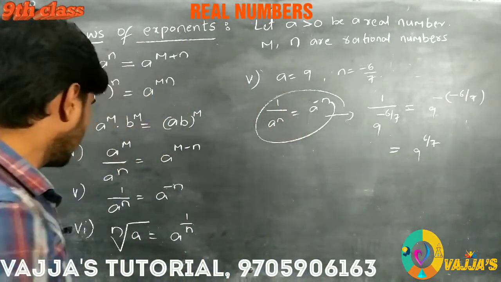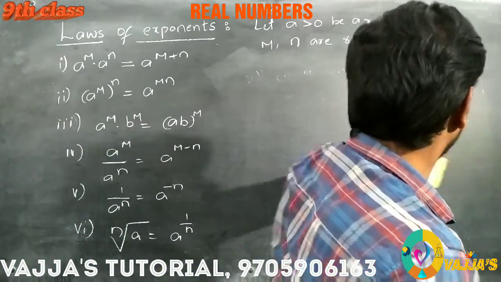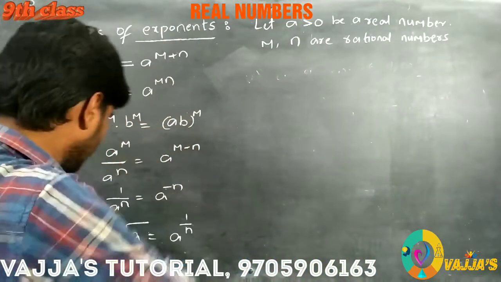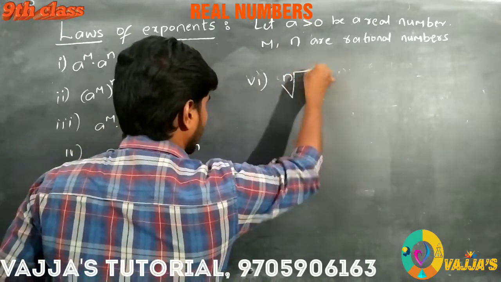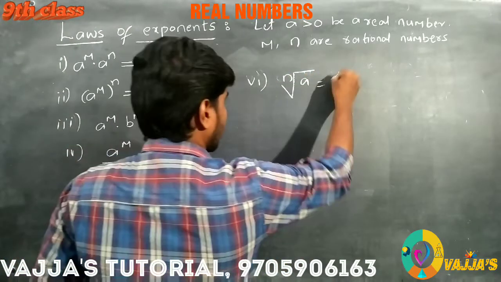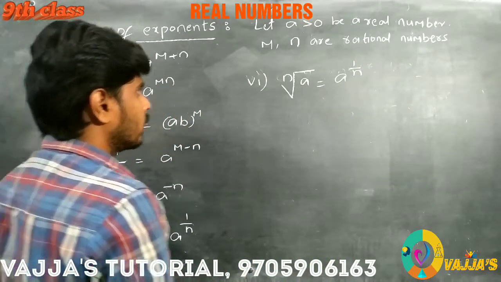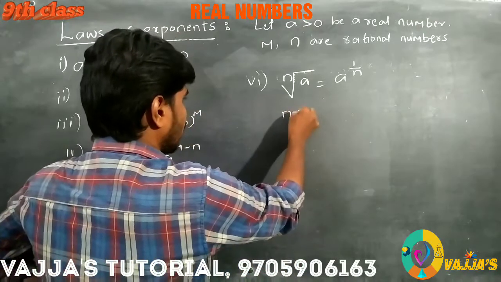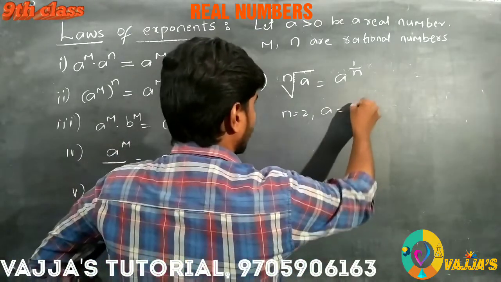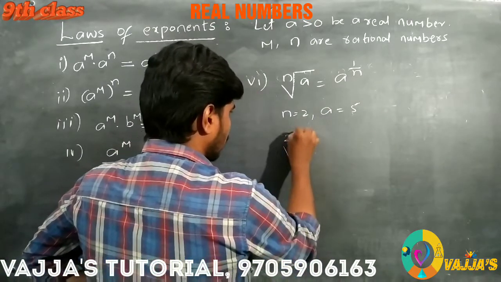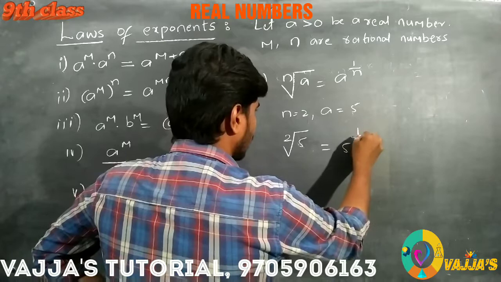Right. Next, coming to the sixth one. Look at the sixth: nth root a equals a power 1 by n. Suppose n equals 2 and a equals 5. So it becomes 2 root 5, which we can write as 5 power 1 by 2.